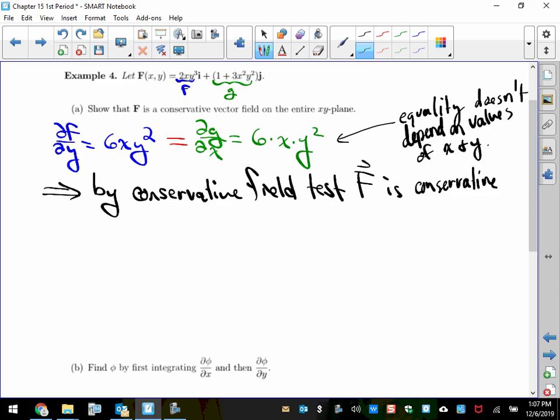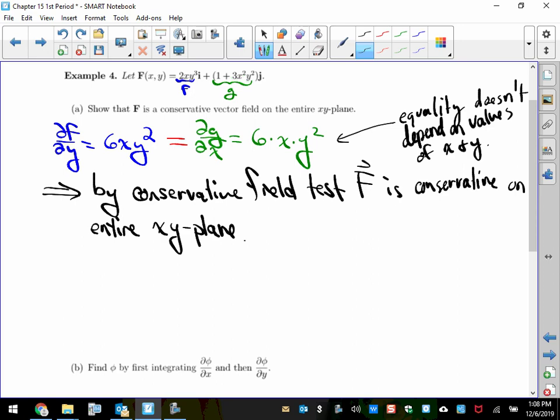So what that means is it's conservative on the entire xy plane. No matter what I choose for x and no matter what I choose for y, these two are going to be equal. So if I choose x to be 0, then they're equal. If I choose x to be 10, they're going to still be equal regardless.